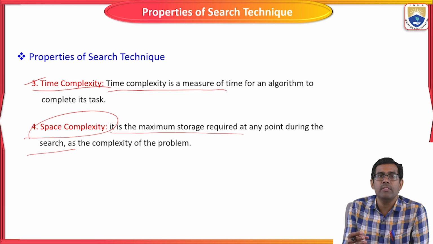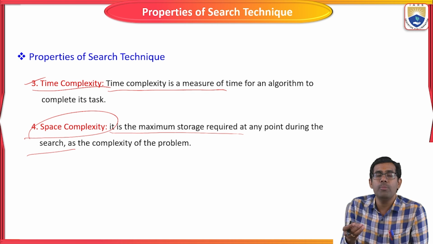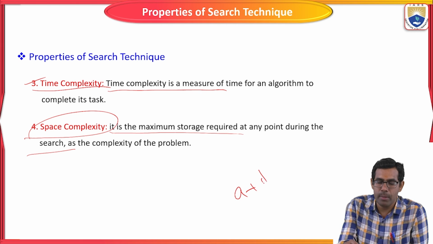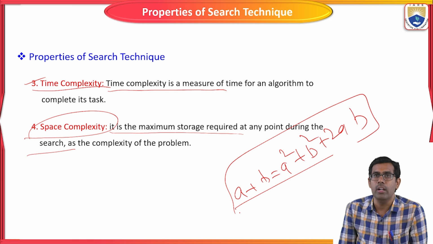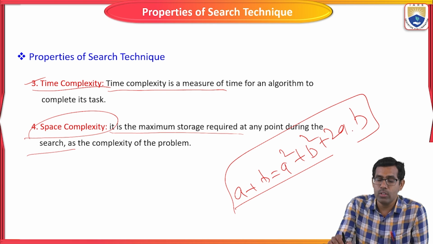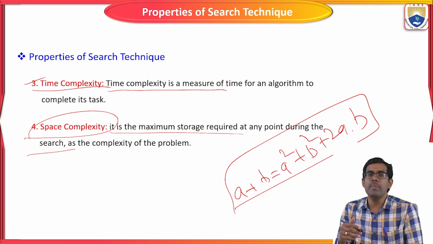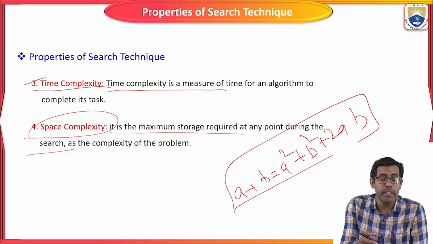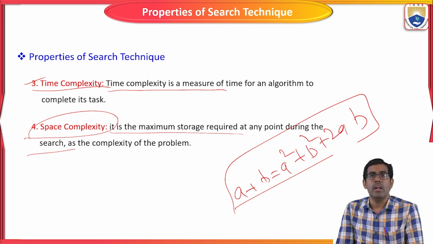So how much space will it need? If you are gathering some information or data in your machine, how much memory will be needed? For example, if you have (a+b)² equal to a² plus b² plus 2ab, this is one entire piece of data. If you want to store this expression in your machine, how much space will be needed? That depends on the space complexity.